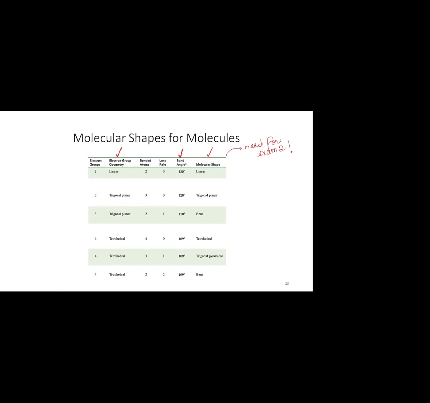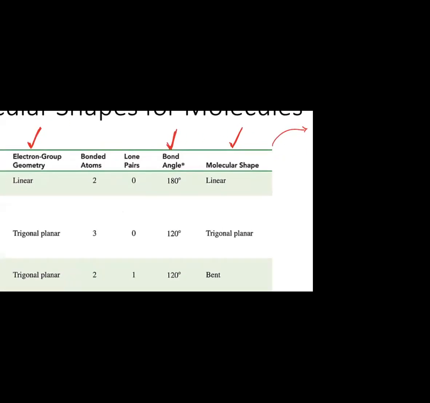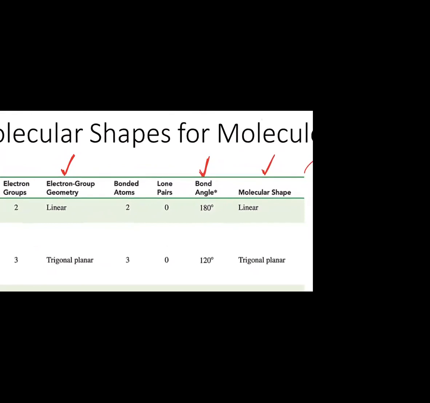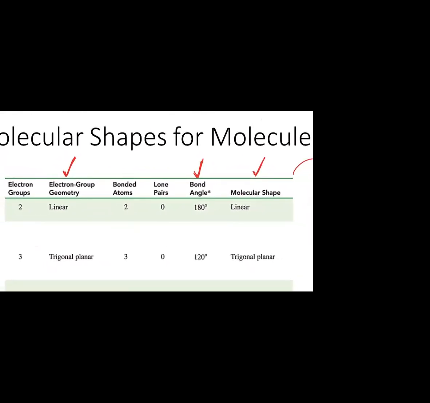So you can see this table is defined by different rows. If we look at electron group 2, I'm just going to zoom in so we follow. If something has an electron group of 2, and I ask you, what is the electron group geometry for that molecule?